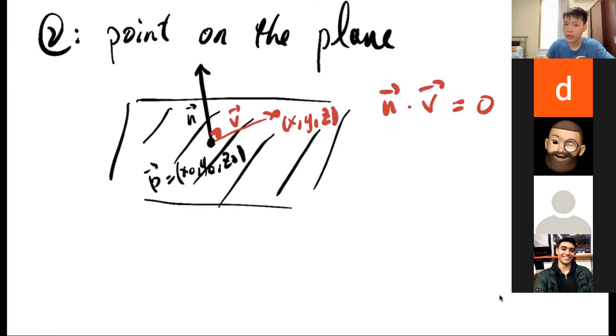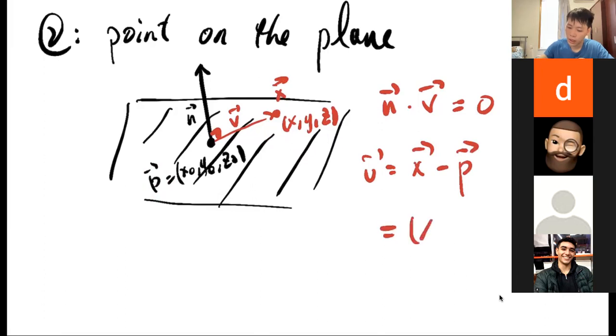Vector v is the vector joining point P and this arbitrary point x, y, and z, right? So the vector joining two points is, let's say this is vector x, x minus p, because we start with the point P. So this is x minus x0, y minus y0, z minus z0.